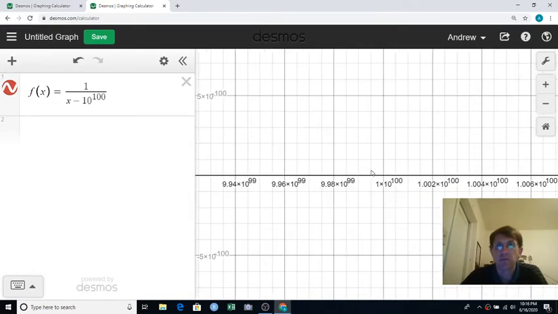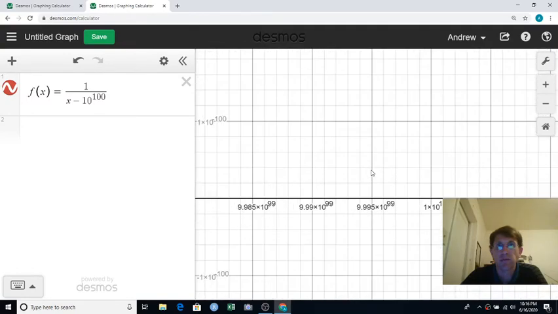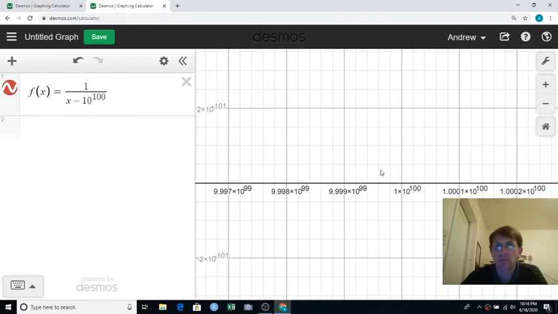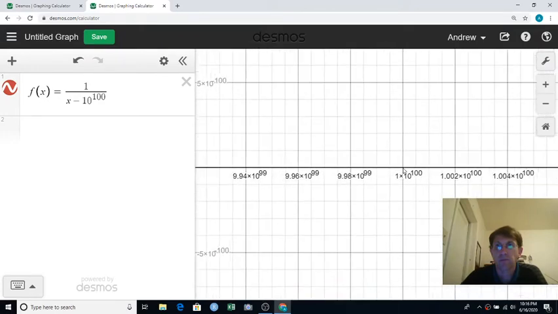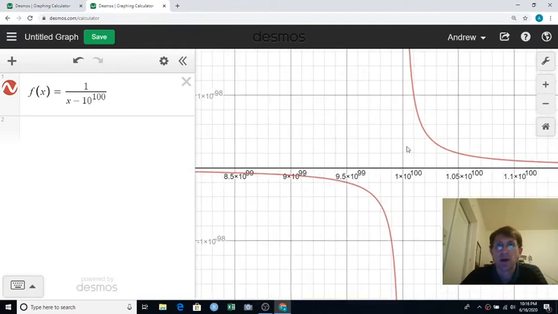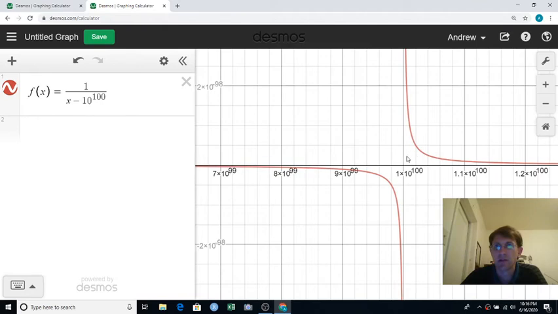Oh, there we go. Just zooming the wrong way. All right, so because the algebra told us there should be an asymptote there, we persevered and finally found where it was, even though we had to really do interesting tricks with the Desmos window and everything. So that's the power of algebra for you.